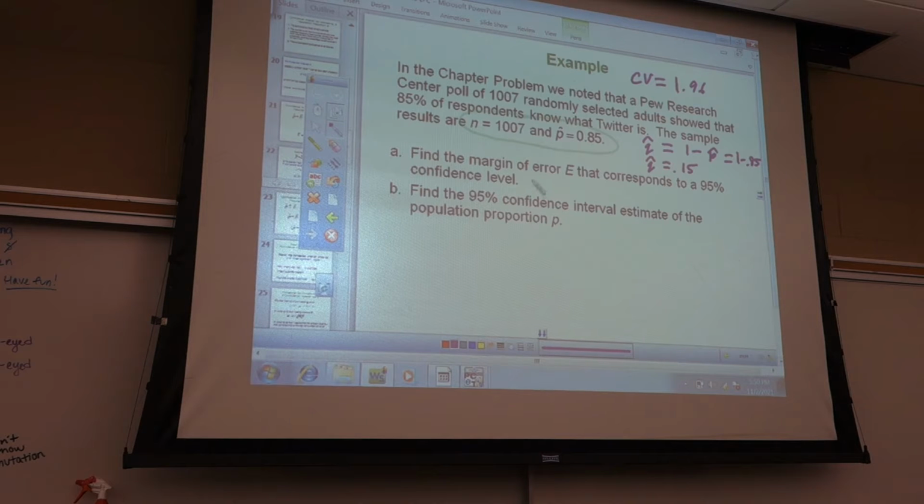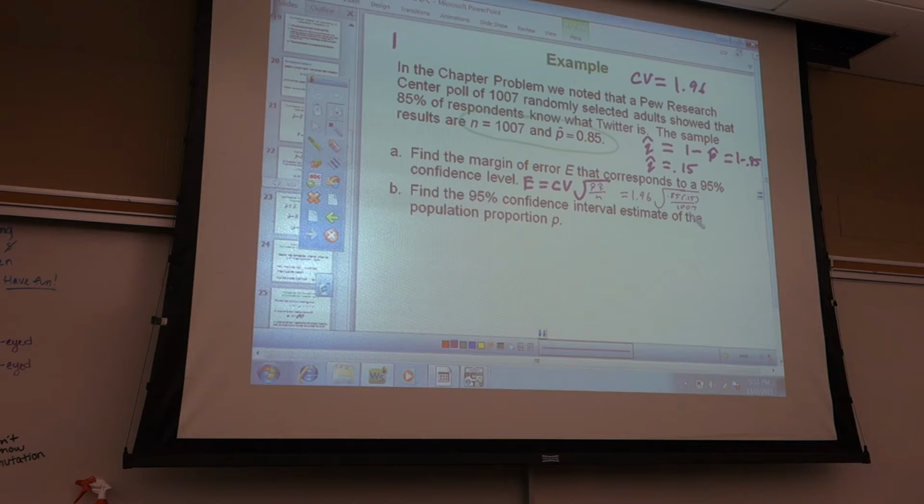Now I need to find our error. My error is equal to my critical value times the square root of p hat q hat over n. So that's going to equal 1.96 times the square root of 0.85 times 0.15 divided by 1007.